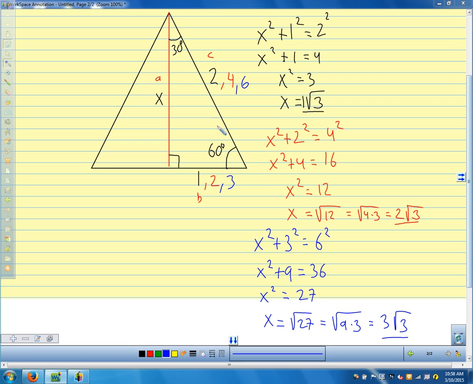So on our 30, 60, 90 triangle, we call this side the hypotenuse. The hypotenuse of the triangle is always the hypotenuse. We call this side the short side, across from the smallest angle. And we call this the long side.